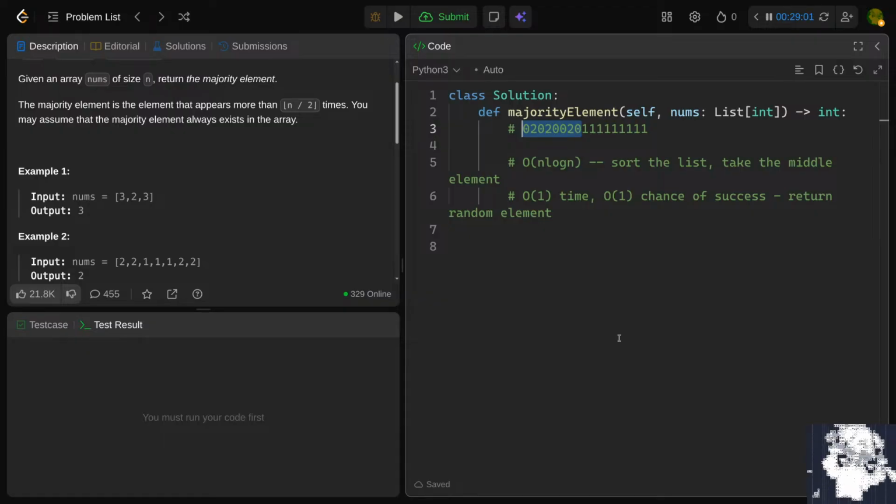Because in any given subset, any given constant size subset, you might end up saying that anything is a candidate.